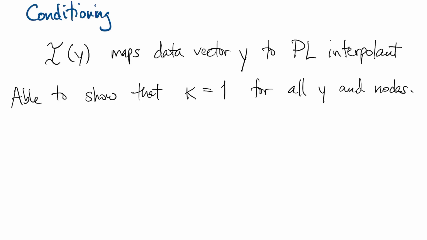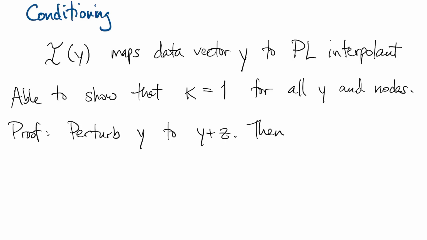So let's suppose we take our data vector y and we perturb it to y plus z. That changes the interpolant. Thanks to the linearity, the change in the interpolant is just I applied to z.